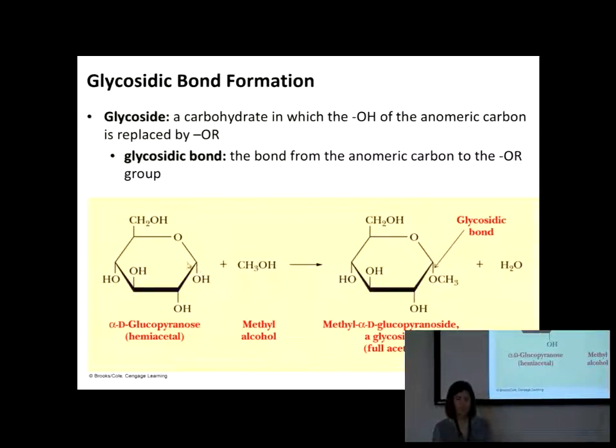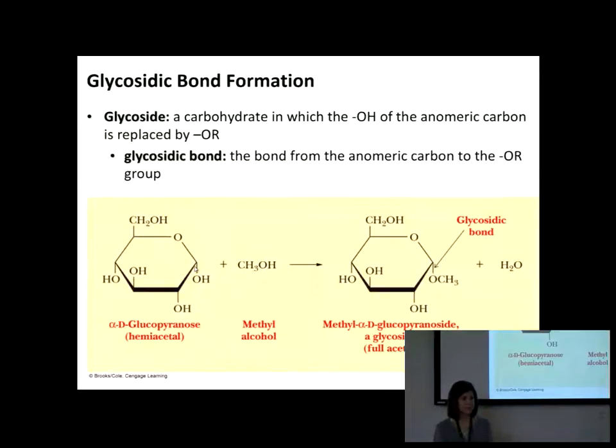So to tell whether you have a glycosidic bond or not, you take a look at your sugar and find your anomeric carbon. How do you find your anomeric carbon? You look at the oxygen in your ring structure. As long as the CH2OH, the dangly carbon, is pointing up, you look to the right.